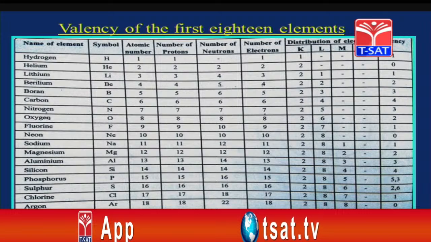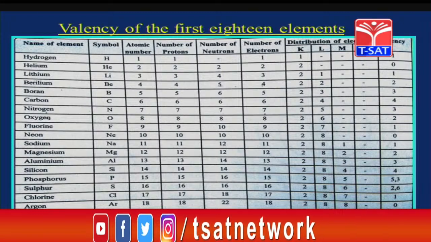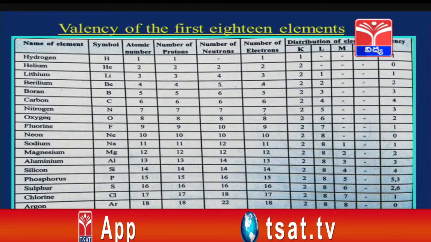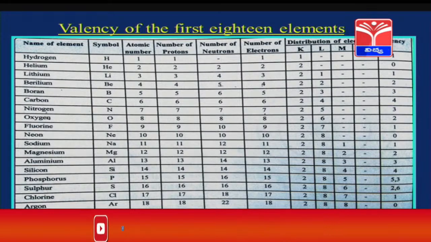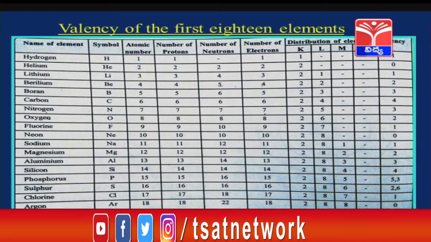In the electron distribution of argon, the first shell has 2 electrons, the second shell 8 and the third shell is also 8, the outermost shell consists of 8 electrons. So its valency is 8 minus valence electrons 8, 8 minus 8 equals 0, that means the argon element does not combine with any other element.